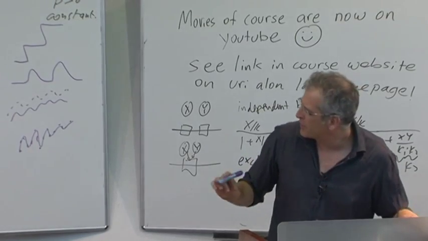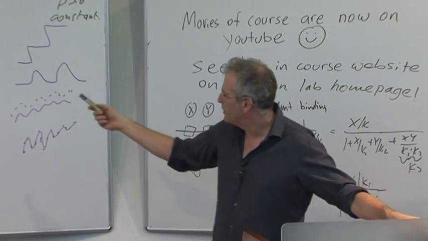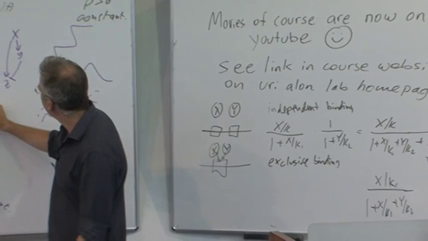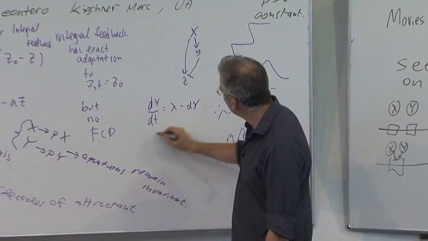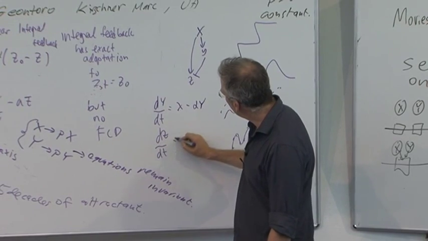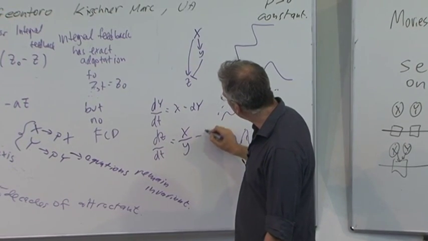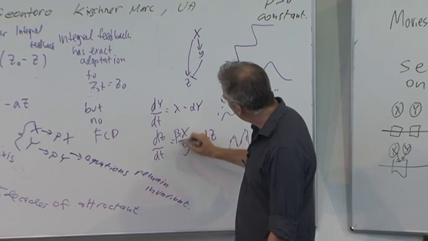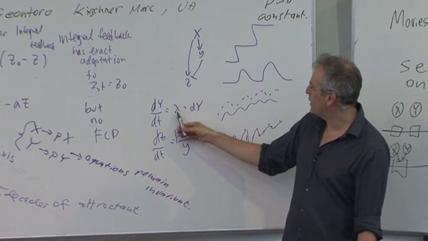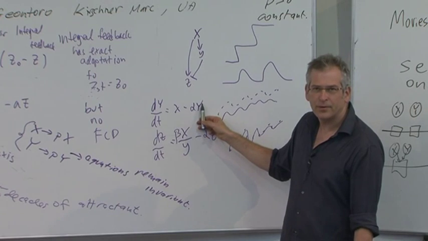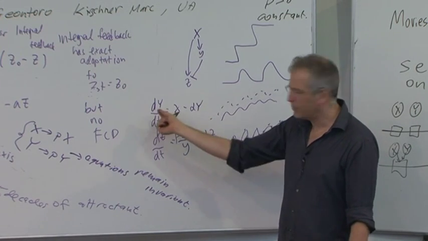What I want you to remember in particular is the incoherent feed-forward loop model. dy/dt equals x minus alpha y, and dz/dt is x divided by y minus alpha z, right? And let's check the Shoval conditions. If I multiply x and y by p, p goes out before the parentheses, right?